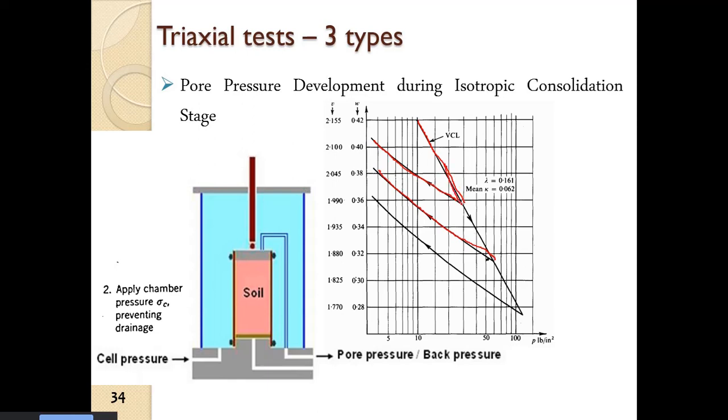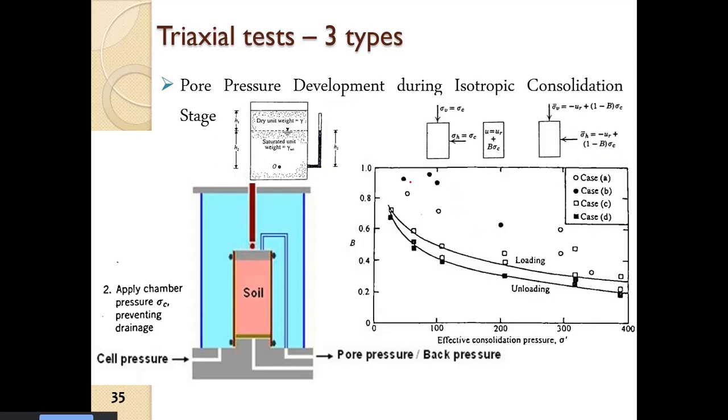Up to this point, it will trace back this one. So loading, increment of delta sigma positive. Then unloading, so delta sigma negative. Again when we load, it will trace back this curve up to this point. From this point onwards, again it will be normally consolidated.